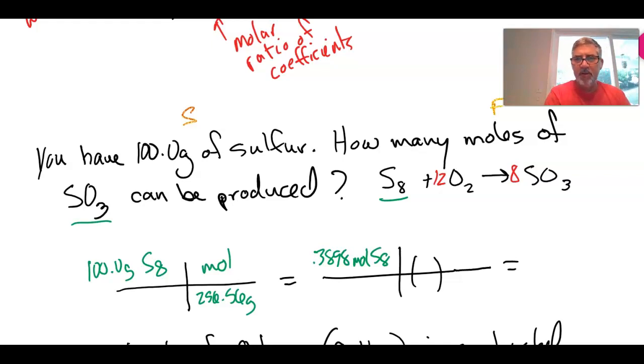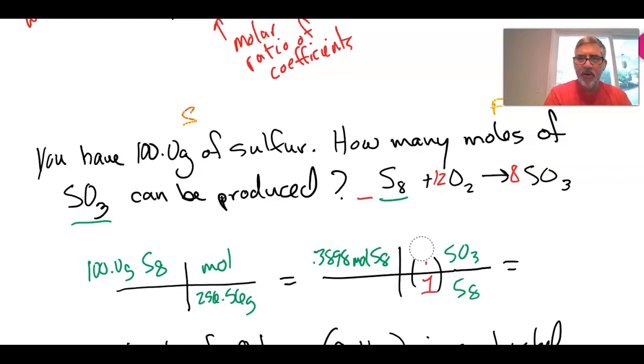All right, so I'm trying to find SO3. How many moles can I finish? So SO3 is what I want. S8 is what I need to get rid of. And I go over here and I look at my ratios of coefficients. My coefficient before S8 is 1. Oops. That goes down here.